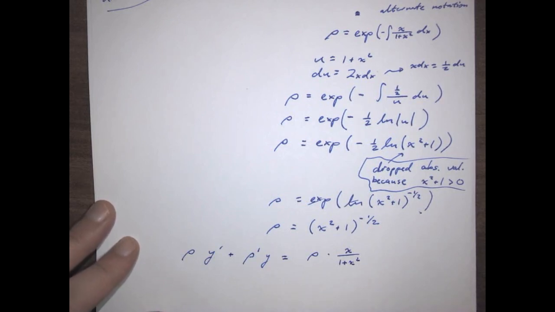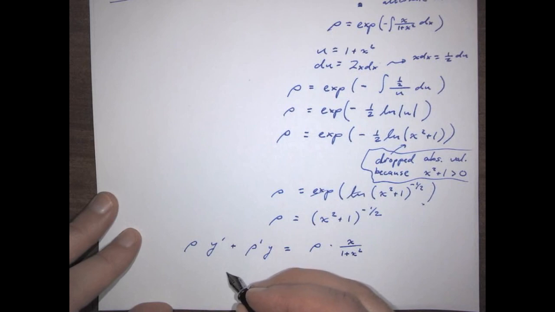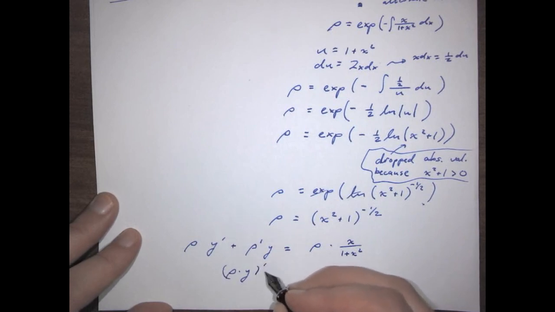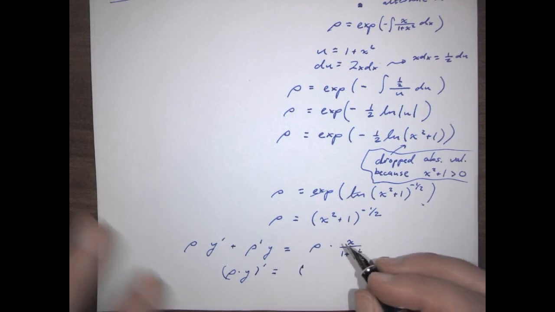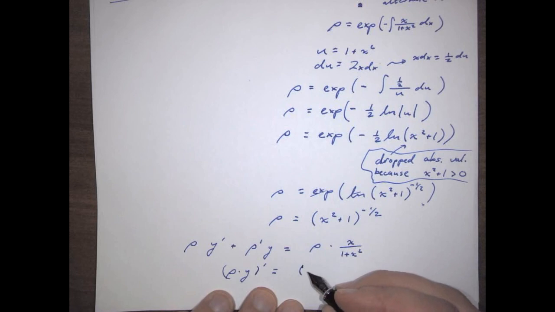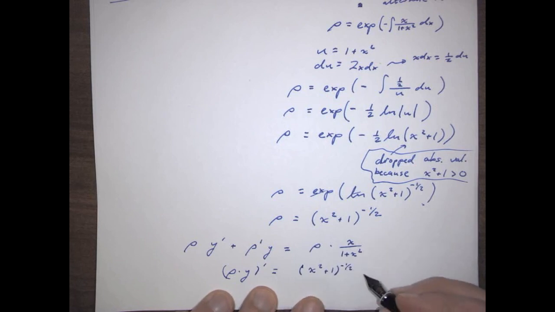And then what we've got here is really the same as rho times y prime is equal to rho, which is x squared plus 1 to the negative 1/2, times x divided by 1 plus x squared.